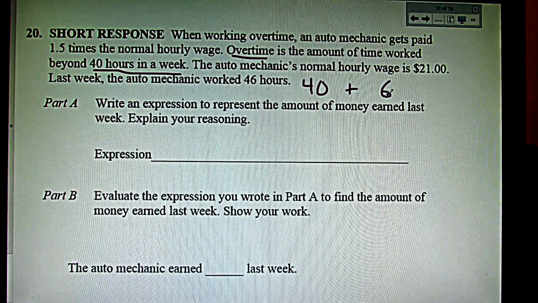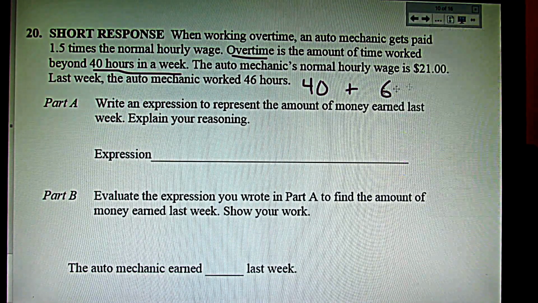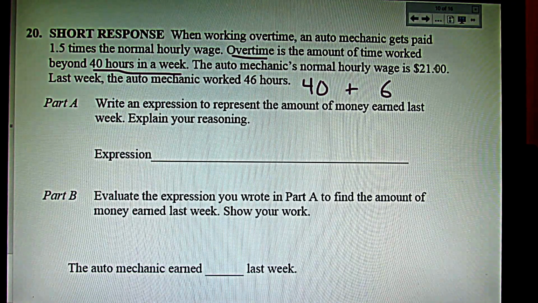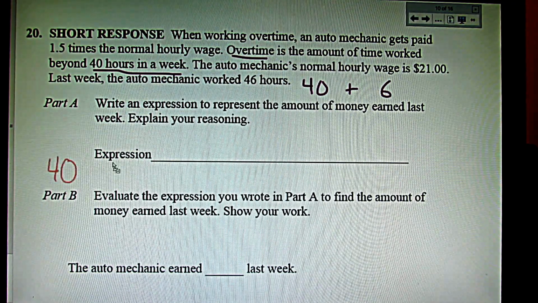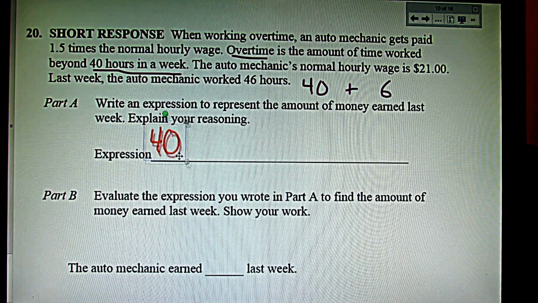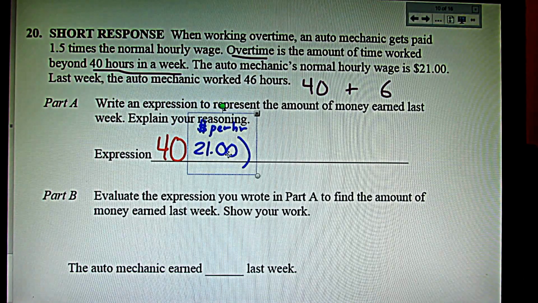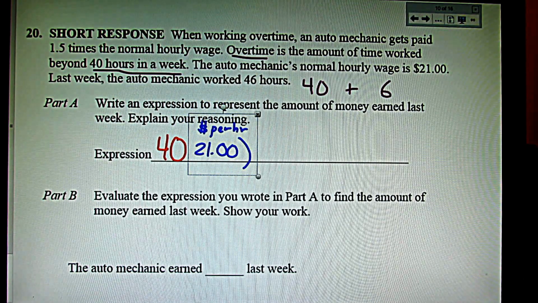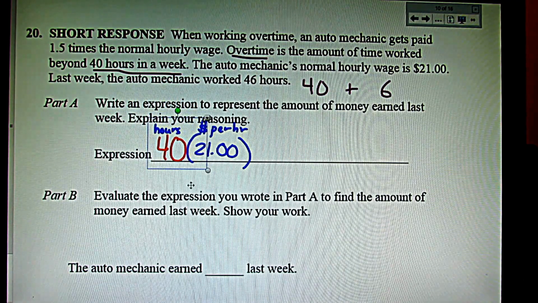Okay, so now let's talk about just getting paid to work. I worked 40 hours, and I get paid $21 per hour. That's my hourly wage. So I worked my 40 hours, at $21 per hour. I'm going to multiply those two together, my hours and how much I get paid per hour.